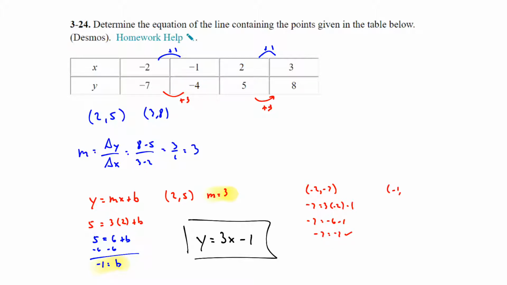You could take the point negative 1, negative 4, and do the same thing. Negative 4 is equal to 3 times negative 1 minus 1. So negative 4 is equal to negative 3 minus 1, or negative 4 is equal to negative 4. And there you go again. So each of these points you should be able to plug back into the equation and get an equivalent statement on the left and the right side.